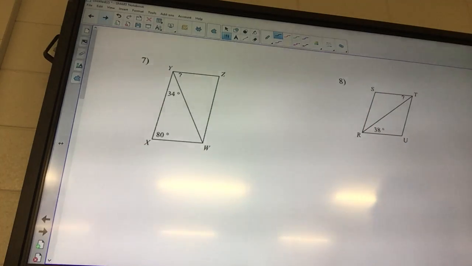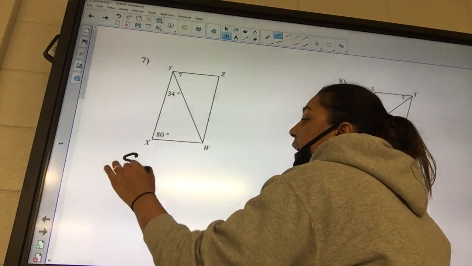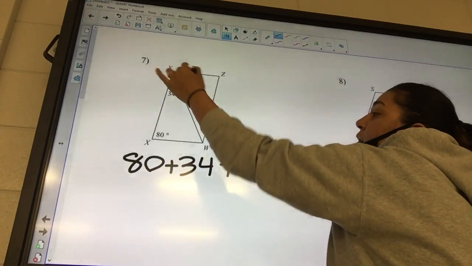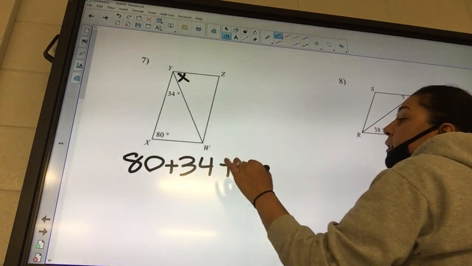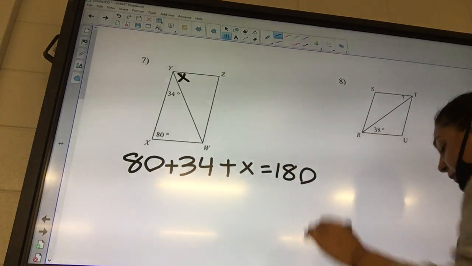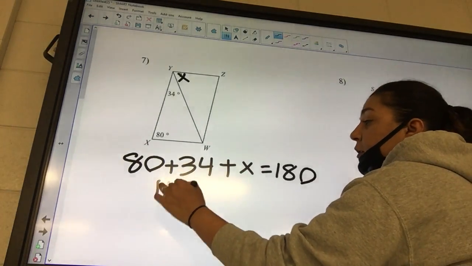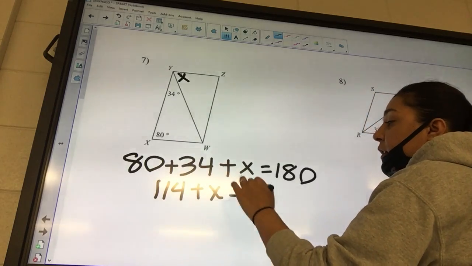If you look at this one, it's the same type of problem. We have two angles on the same side. We know one is 80, one is 34, and one is a question mark. So 80 plus 34 plus X equals 180. 80 plus 34 is 114, plus X equals 180.